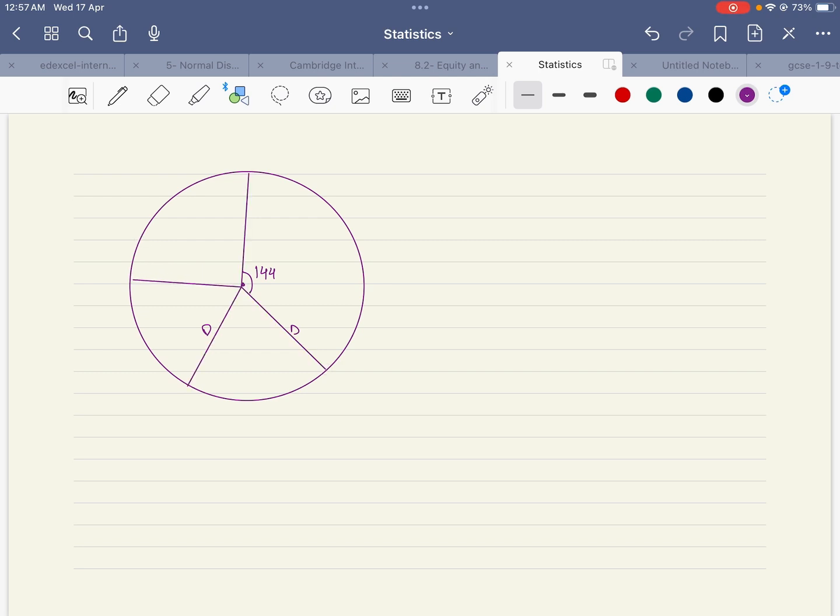So this is how you are going to draw the angles using a protractor. 84, 60, and the last one, when you measure it, will turn out to be 72.